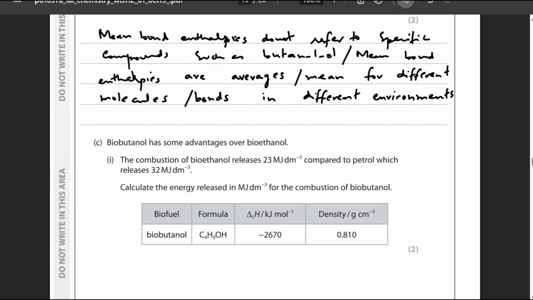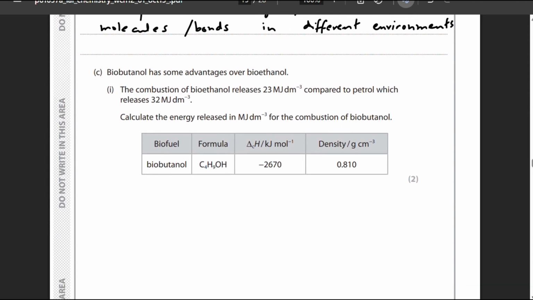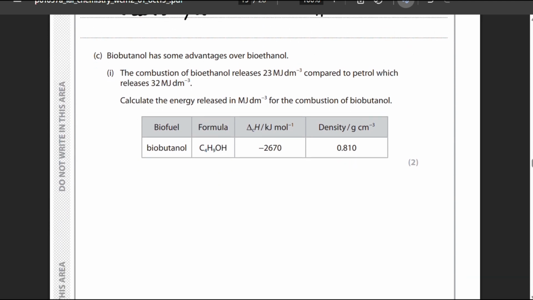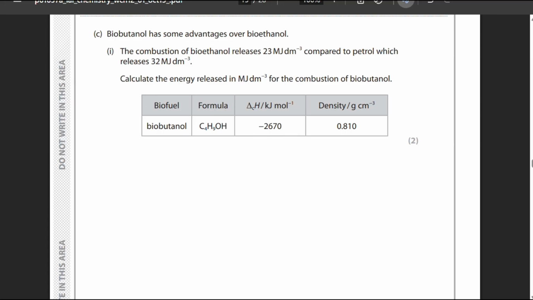Now, biobutanol has some advantages over bioethanol. Now, you need to calculate the energy for the combustion of biobutanol. The density is given here, it's 0.810. Density is basically mass over volume. First, we need to calculate the number of moles.